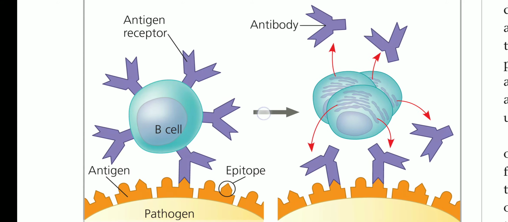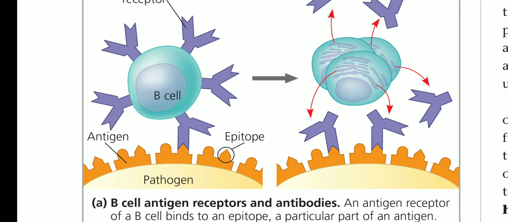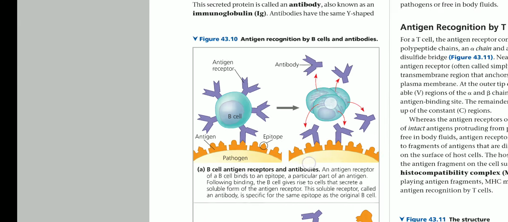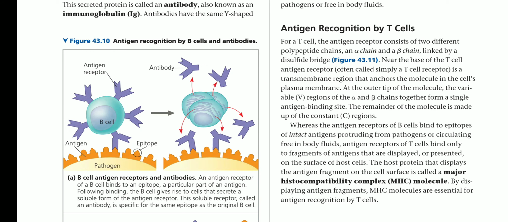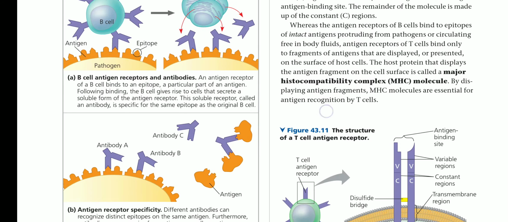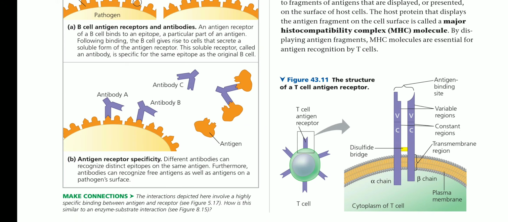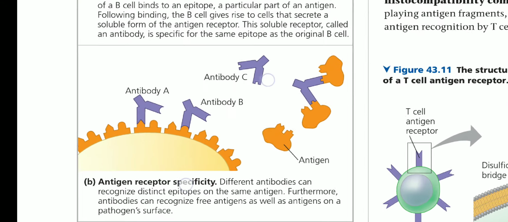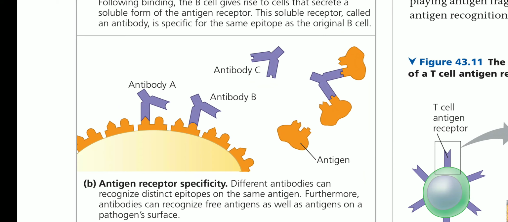The B cell possesses antibody which can recognize those antigenic epitopes, and after recognizing them, it releases antibody. One more thing to remember is that a single pathogen has multiple epitopes, but a B cell produces only one type of antibody, which is specific.